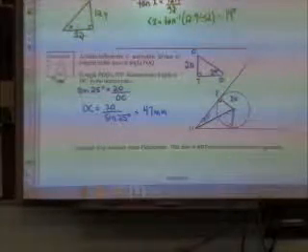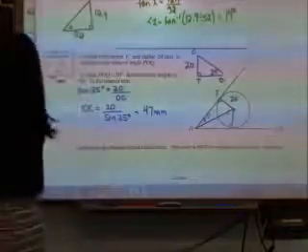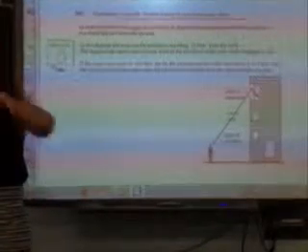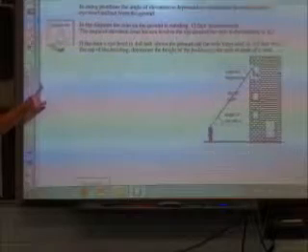Okay, so let's take a look at number 3. In many problems, the angle of elevation or depression would be determined from a person's eye level, not from the ground, but from where my eyes are. So in the diagram, the man on the ground is standing 12 feet away from the wall.